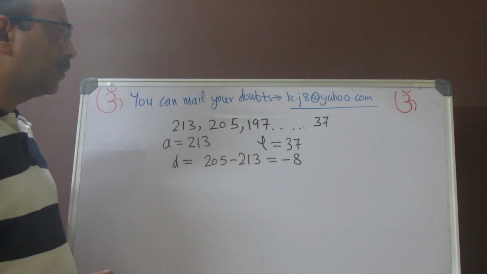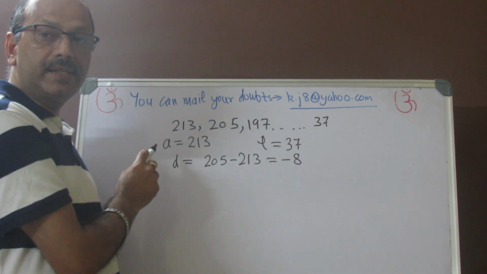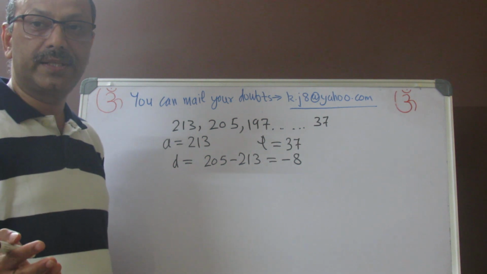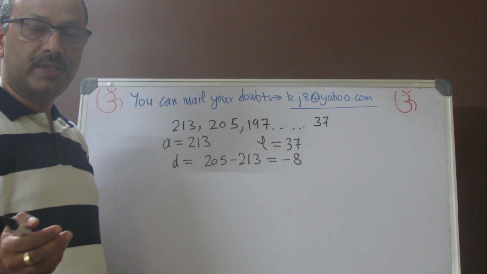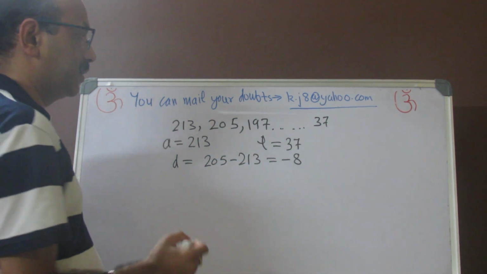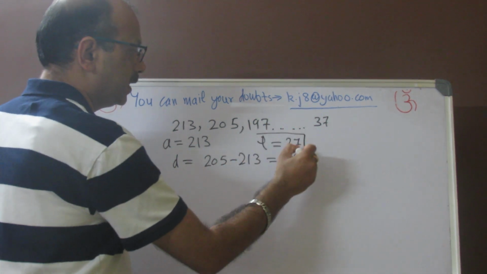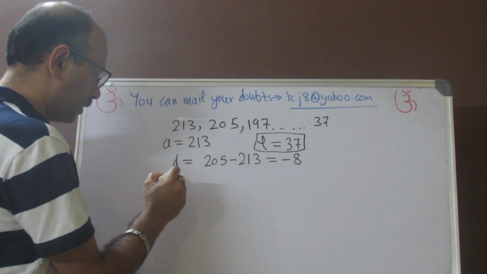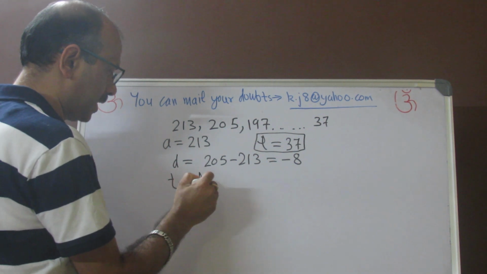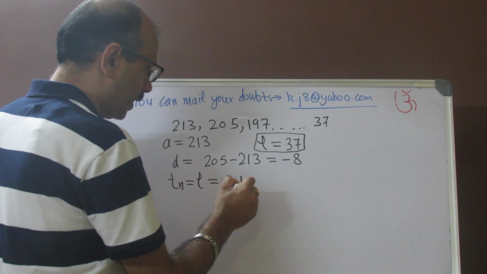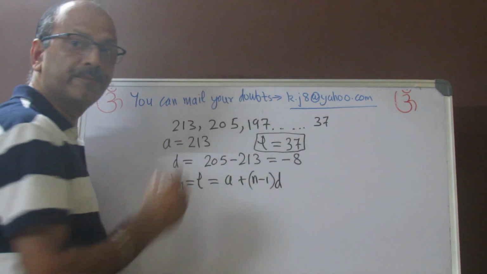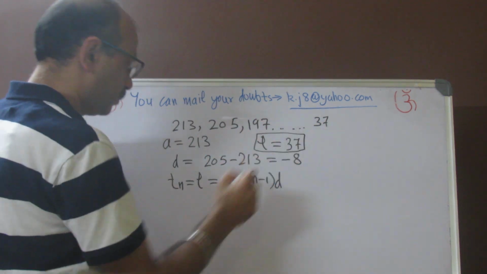Now to find the middle term of this AP, the first thing we should know is how many terms there are in this AP. So for that we will find the number of terms. We know the last term, so we will use the formula Tn, and here my Tn is L, equals A plus n minus 1 D. We just put the values.